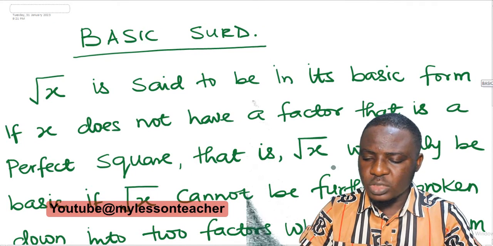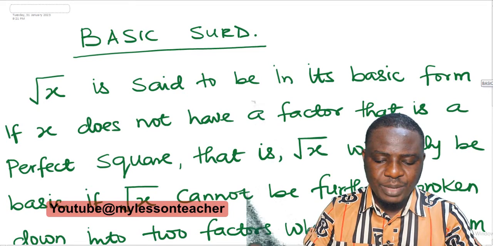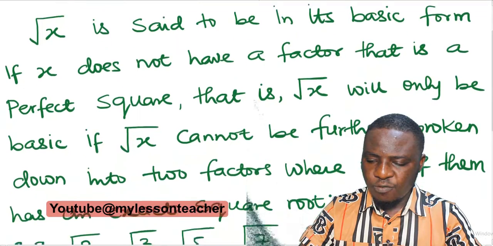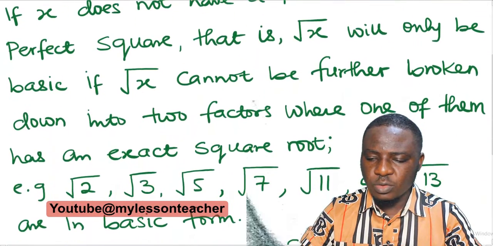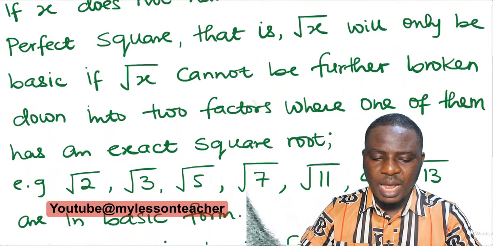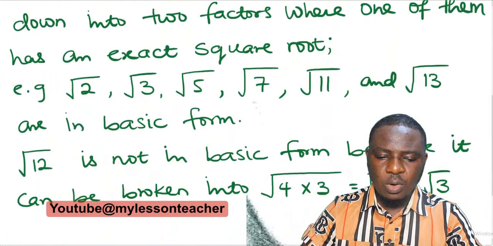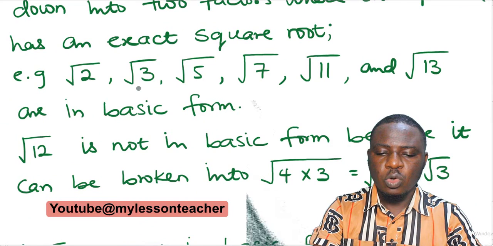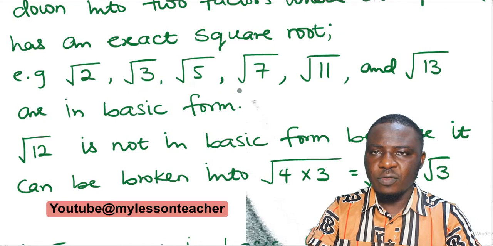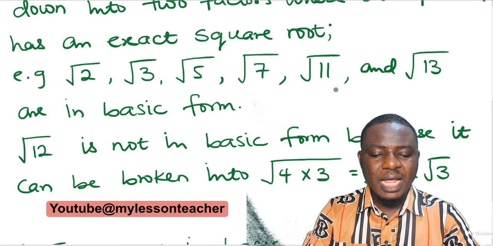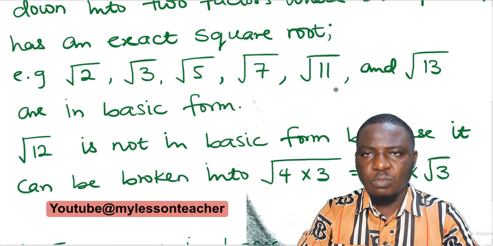That is, root x will only be basic if root x cannot be further broken down into two factors where one of them has an exact square root. Examples: root 2, root 3, root 5, root 7, root 11, and root 13 are in basic forms.